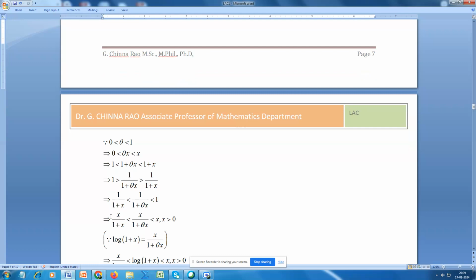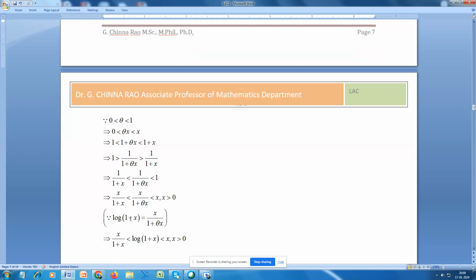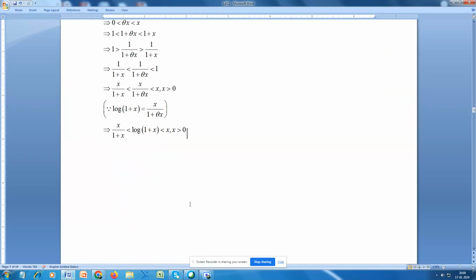Now multiply with x on both sides. The inequality will not change, because x is greater than 0. Since log(1 + x) is x/(1 + θx), as we proved previously, therefore x/(1 + x) < log(1 + x) < x. Hence proved.